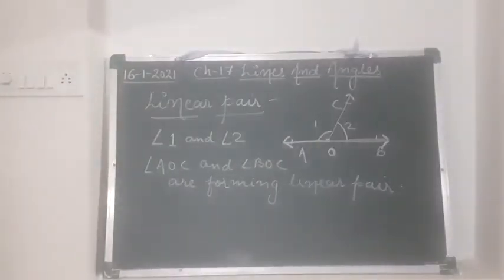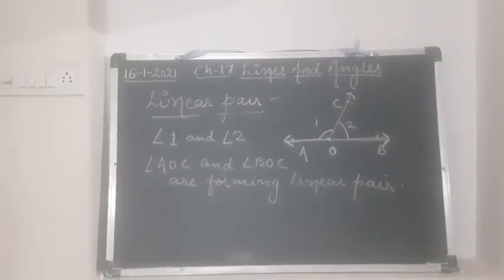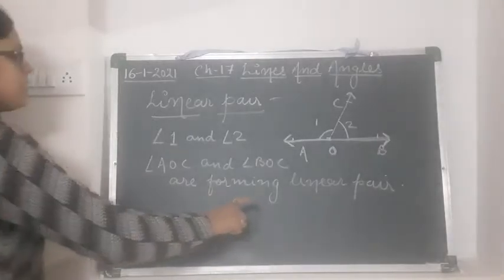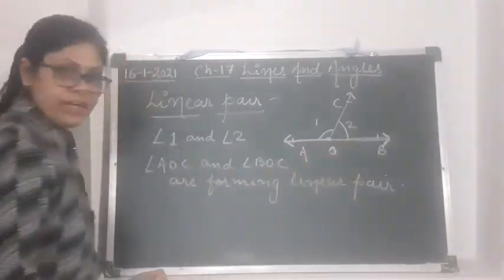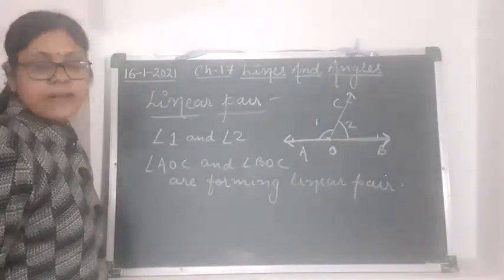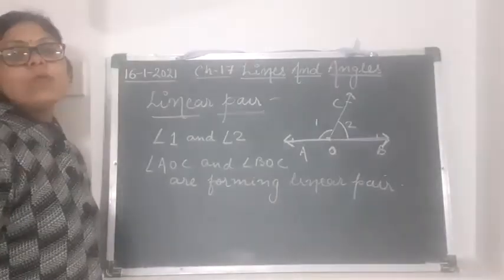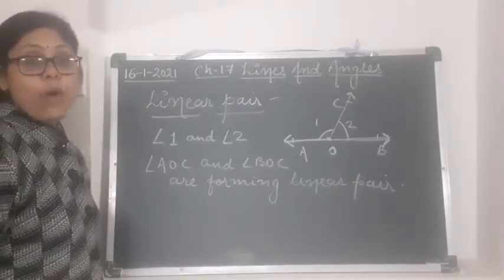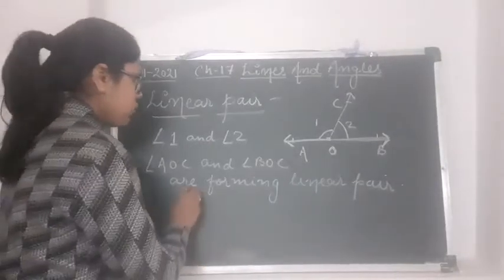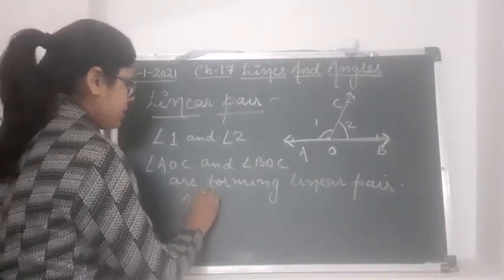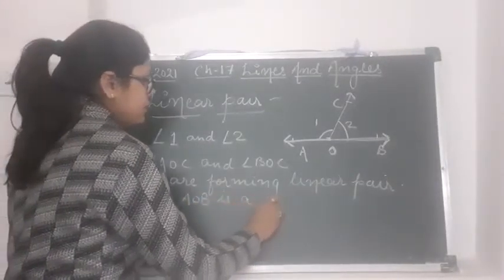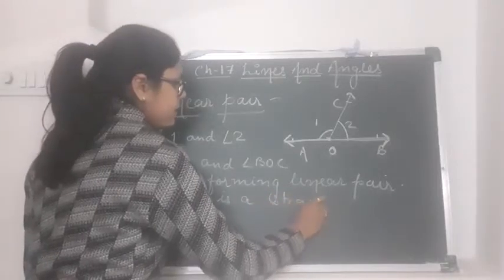Now we will move on to the next part. As you can see in this figure, AOB is a straight line, isn't it? And you know the angle formed on a straight line is equal to 180 degrees.